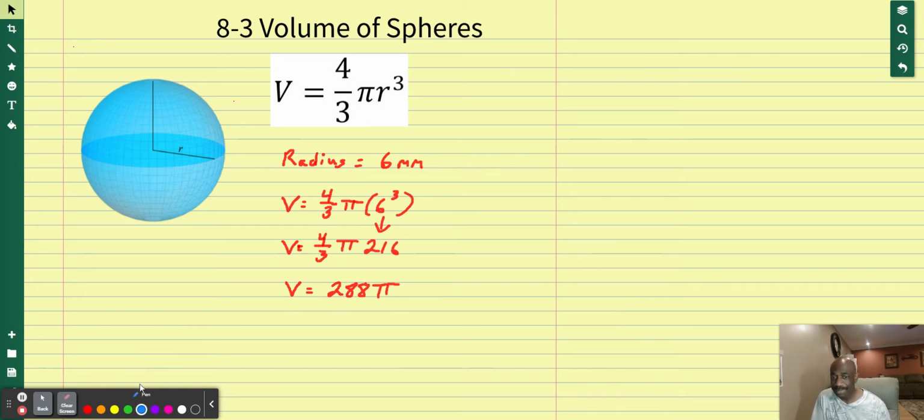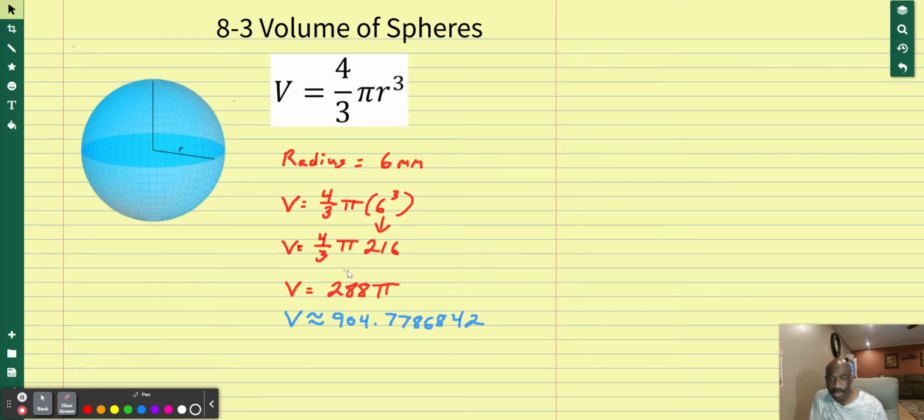Now, when we go to the next step and multiply that number times pi, we're going to round. This is 904.7786842. Of course, we are going to round this, and the direction says to the 10th place.